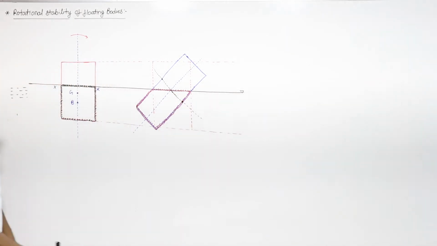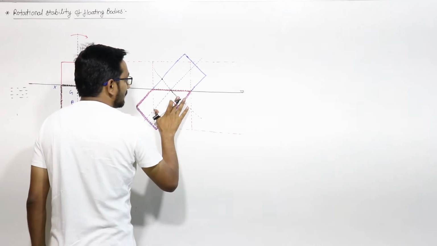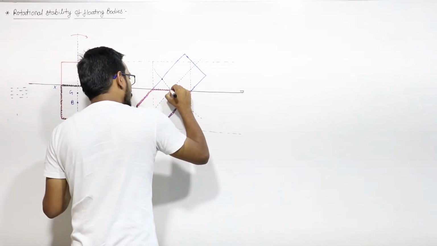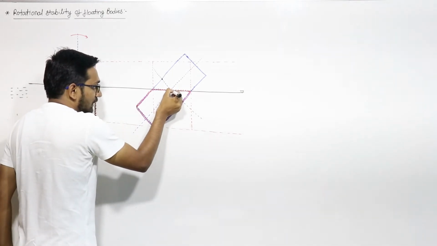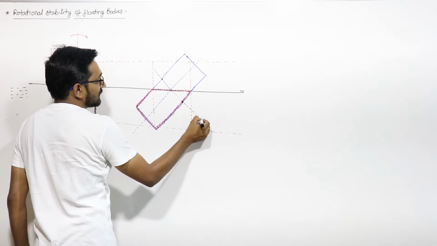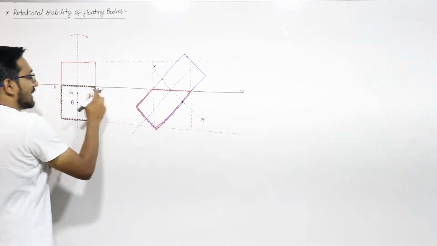To make it more correct, this is the axis X, this axis.